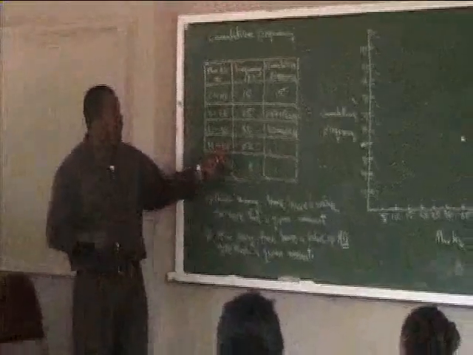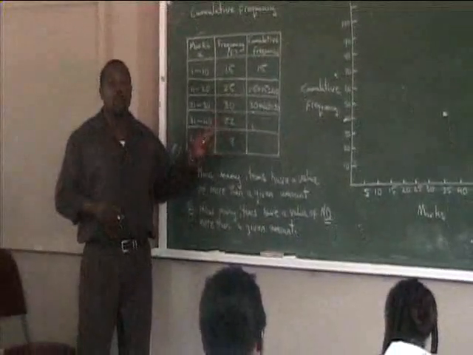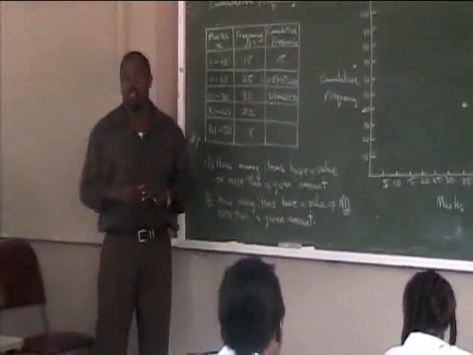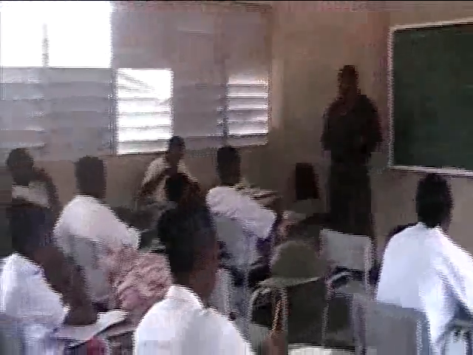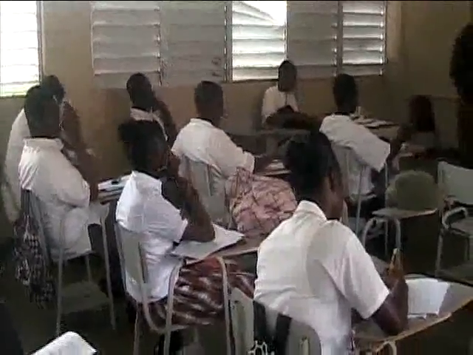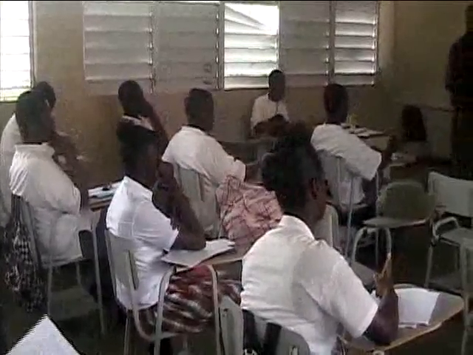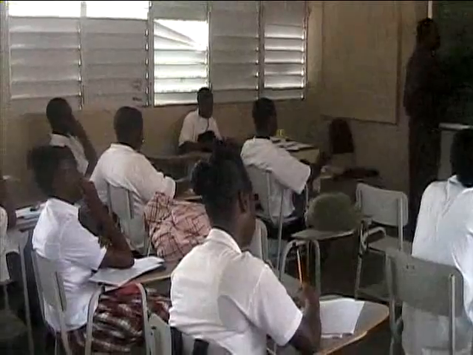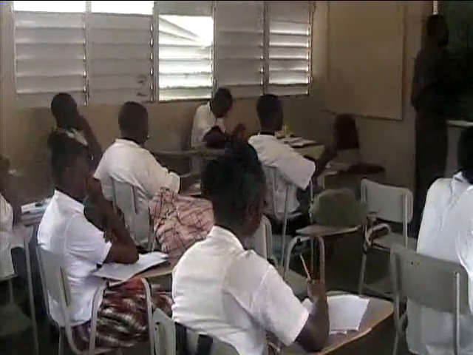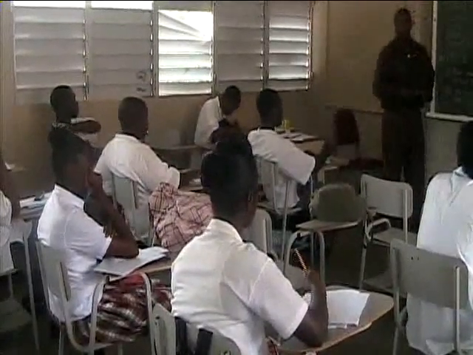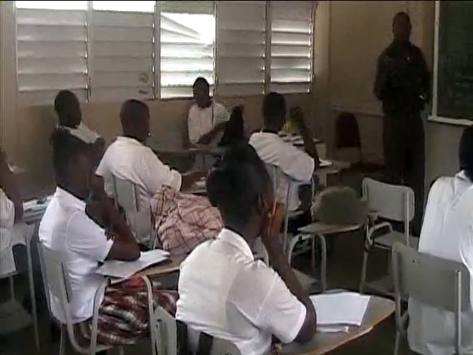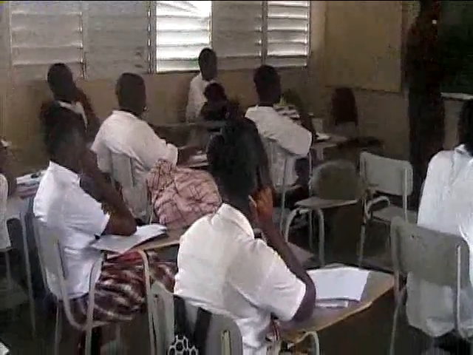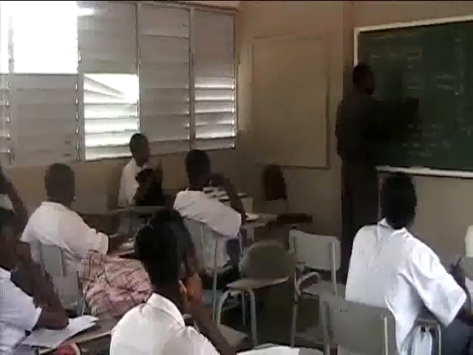Let us look at this. This class from 31 to 40 has a frequency of 22. How are we going to get the cumulative frequency? How will you get the cumulative frequency for this? I will add 22 plus 70.